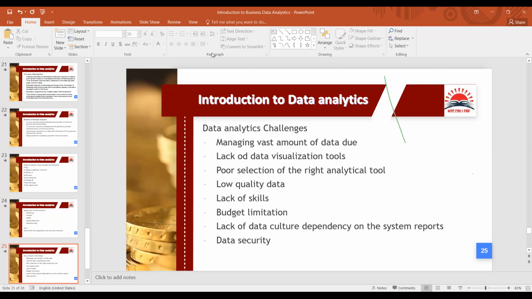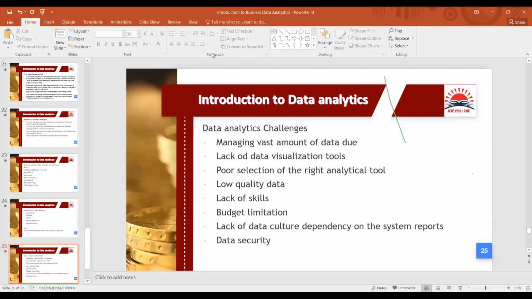Probably a client who has taken a loan of 10 million is just saying that the maximum loan that I took is probably 2 million. So now when you are doing the analysis, you realize that you might not actually be able to get the right results.